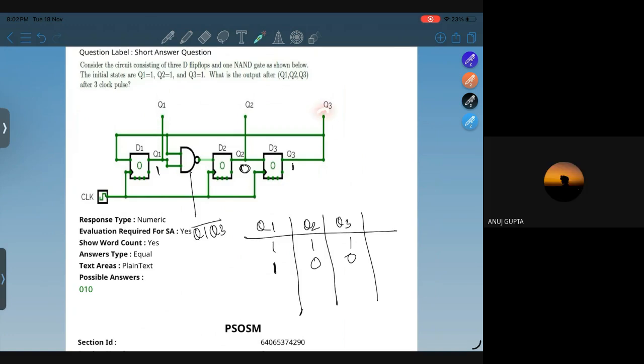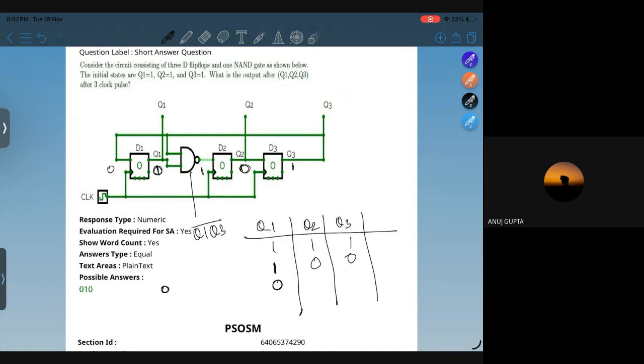So here Q3 is 0 now, so it will come here. If 0 goes in, 0 comes out, so Q1 will be 0. Then Q2 is the NAND of Q1 and Q3 complement. So Q1 is 0 now, and if any input of a NAND is 0, it will output 1.